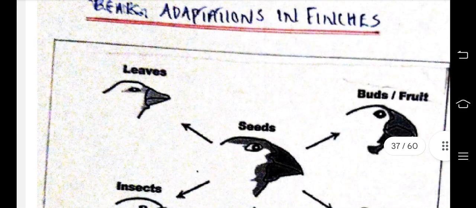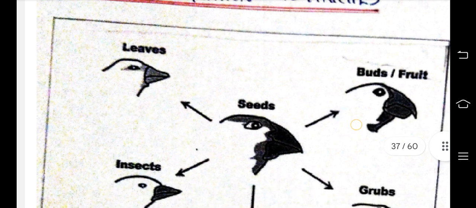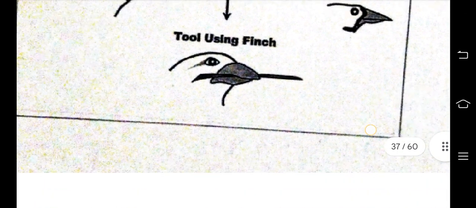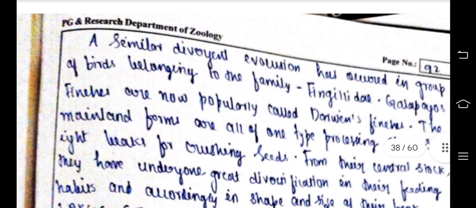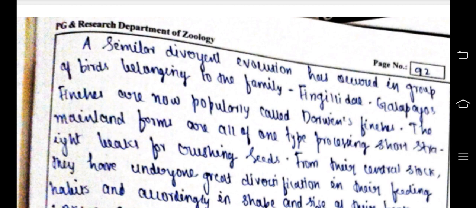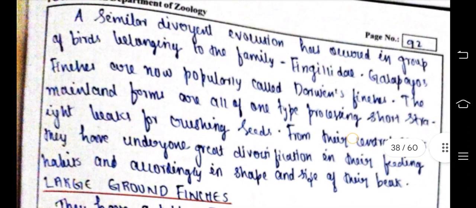Then beak adaptations in finches: seeds, leaves, buds, fruits, insects, tool using finch. Similar divergent evolution has occurred in a group of birds belonging to the family Fringillidae. Galapagos finches are now popularly called Darwin finches.